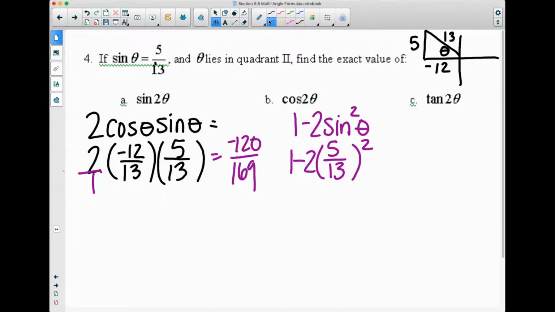And go ahead and reduce that one as well. Don't forget your order of operations.